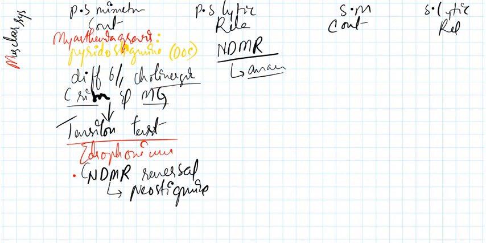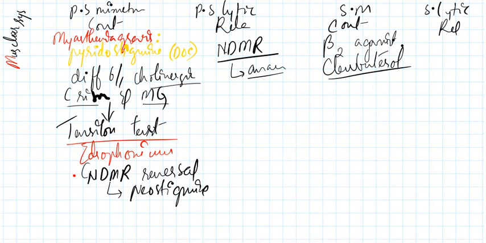Now sympathomimetics cause contraction of muscles, due to beta 2 agonists. Example, clenbuterol. Clenbuterol is used as a performance enhancer by athletes, but it is banned in the Olympics, and the side effect is tremors.